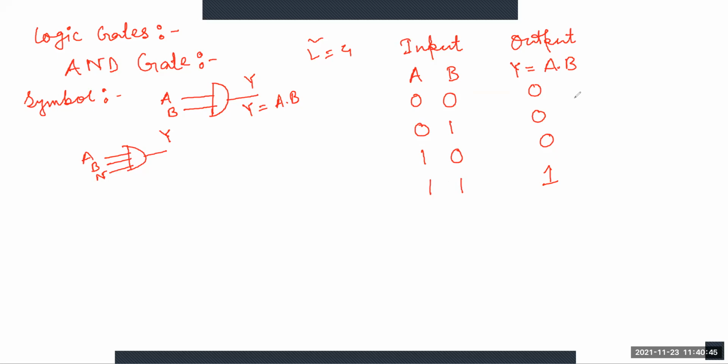Okay, so this is the truth table of the AND gate, and this is the two input AND. So I am not writing the three input AND gate truth table here.